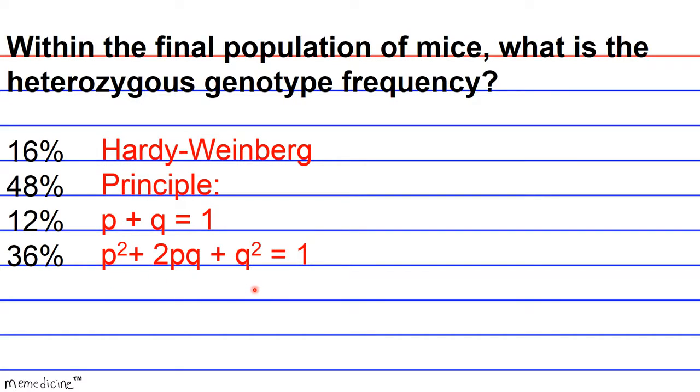Q squared is equal to the percentage of homozygous recessive alleles, and 2PQ is equivalent to the percentage of heterozygous individuals. Okay?